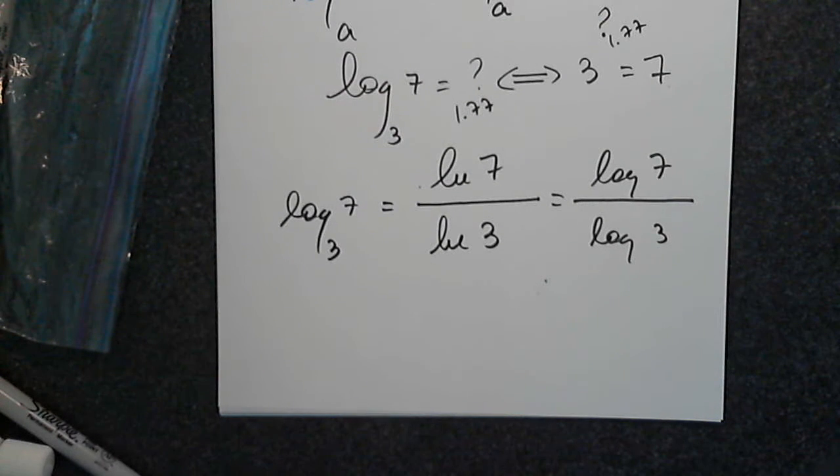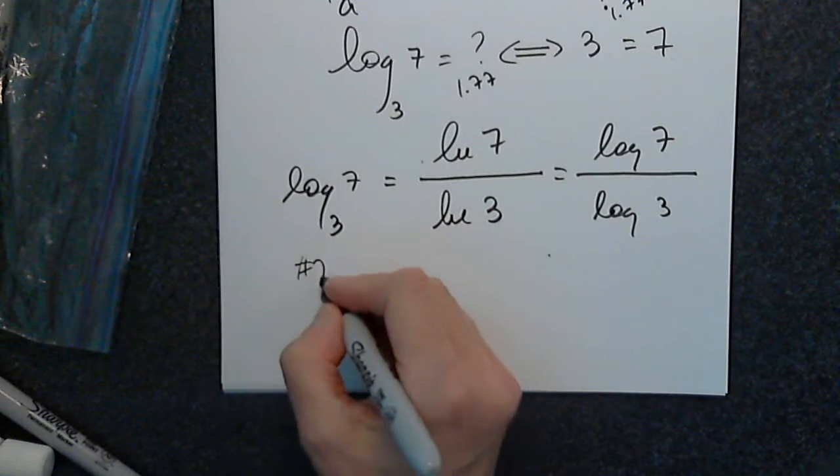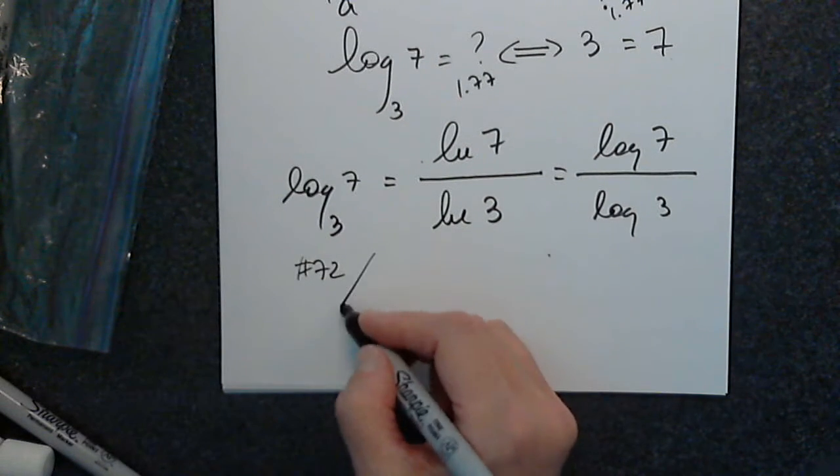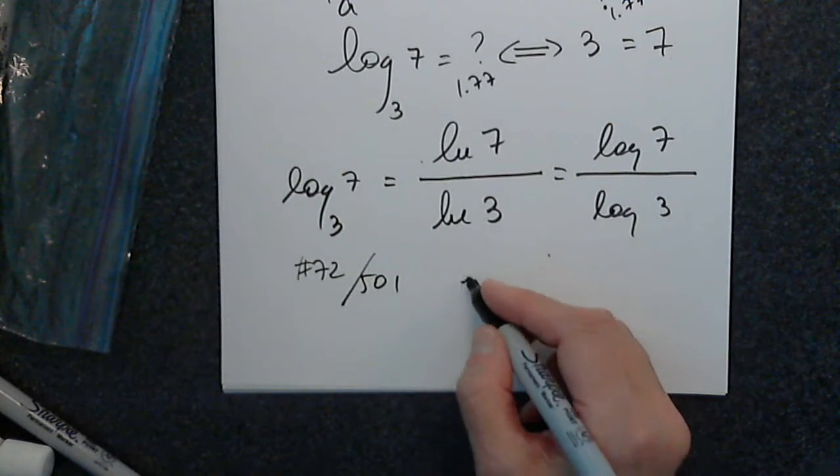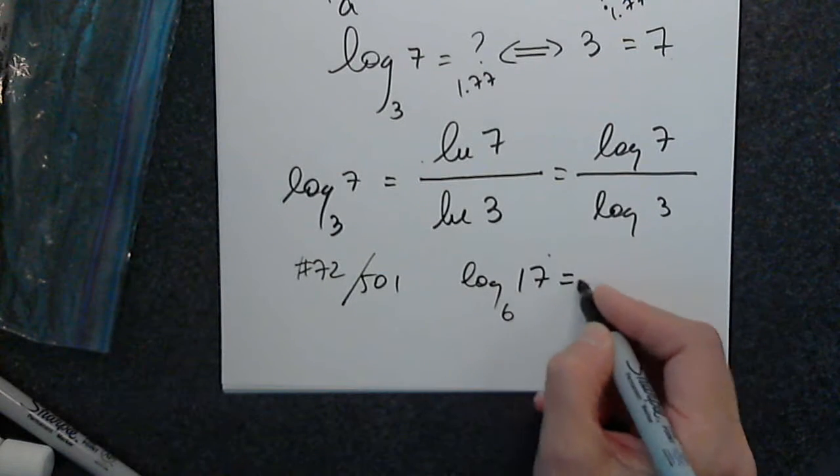So all I want now for the next few minutes, I would like us to practice. So we want to practice going back and forth and also the change of base formula. So let's start with the change of base formula because it's the easiest, and get that out of the way. On page 501, we have log base 6 of 17.